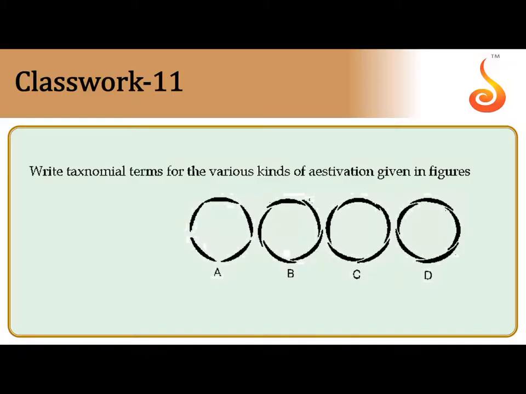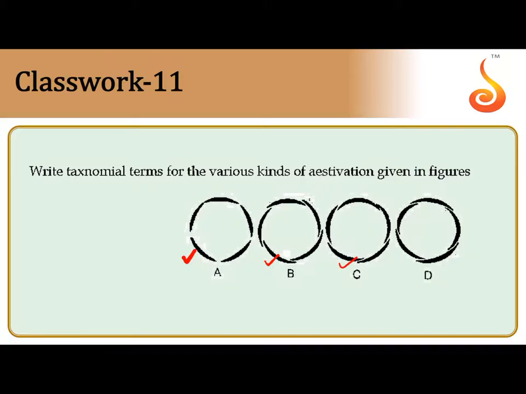Taxonomical terms for the following aestivation. Aestivation means the mode of arrangement of calyx or sepals or petals in a bud condition. So this is called valvate aestivation, this is twisted aestivation, this is imbricate aestivation. And here you can see two types of imbricate.